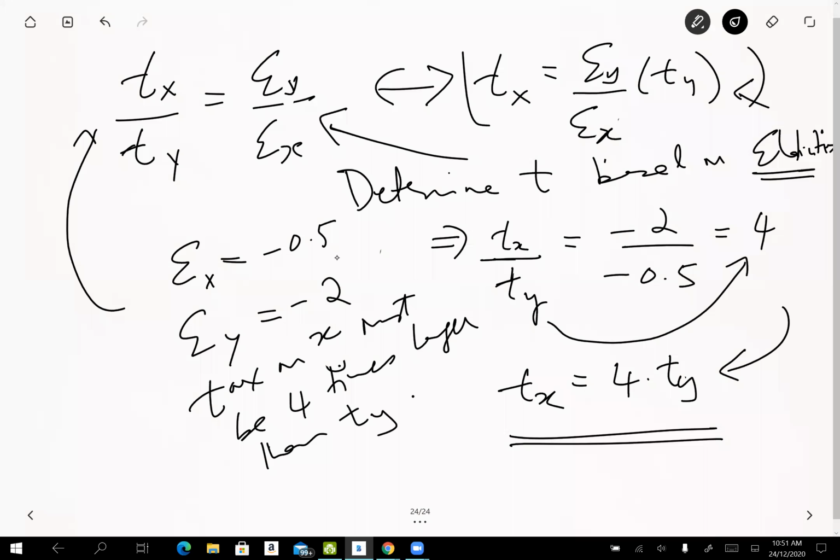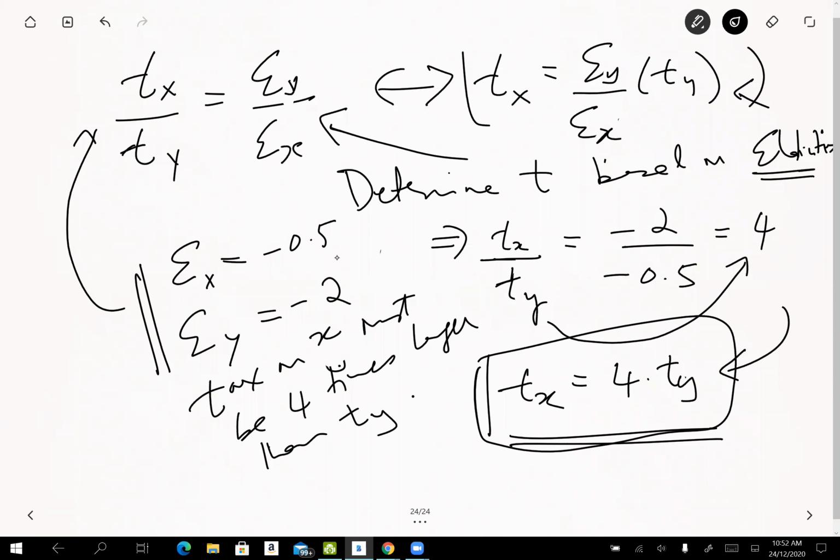Itu dia. Okay. So you see here the X is more inelastic than Y. So we know from the principles you must charge tax on X higher. Now by this elasticity rule, we can be, orang kata, more specific.